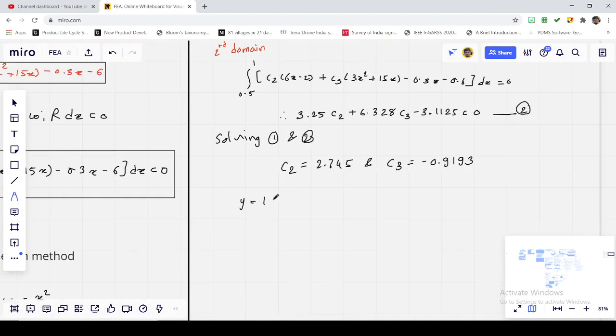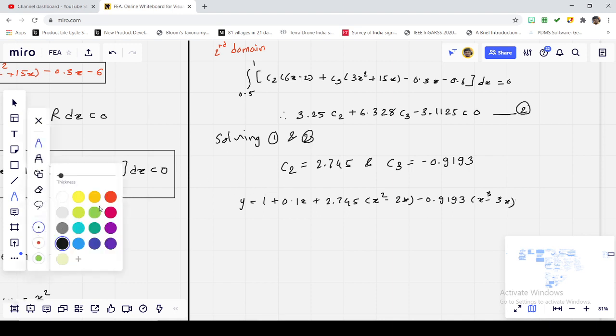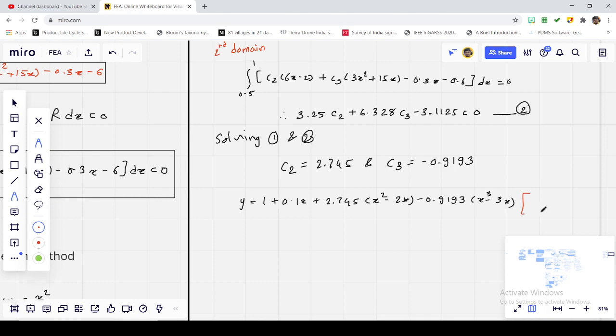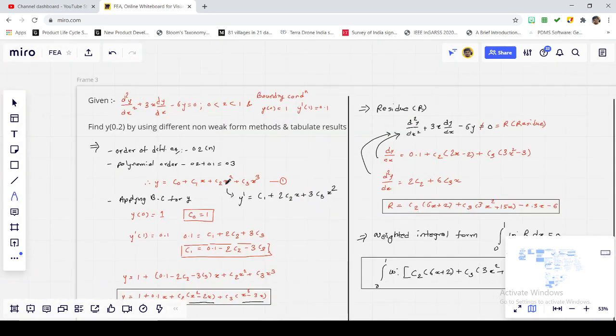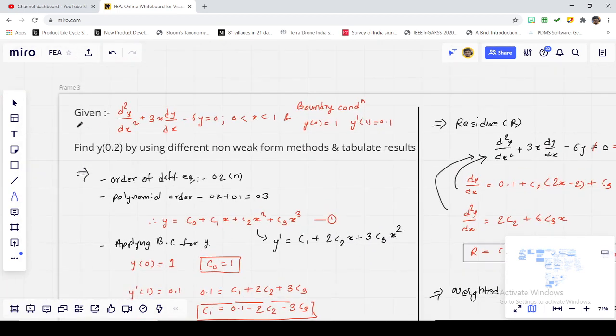So it is 1 plus 0.1x plus 2.745 x square minus 2x minus 0.9193 x cube minus 3x. This is your y, and here, as given in the problem, we want to substitute x is equal to 0.2. Where is it coming from? It is coming from the problem which we are trying to solve.